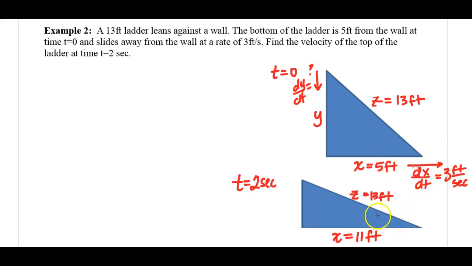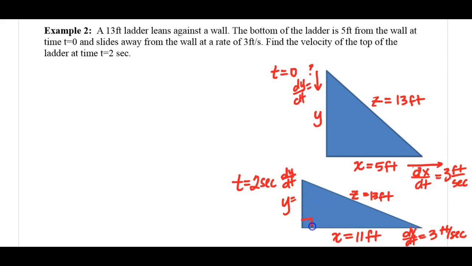So the rate of change, how fast I'm pulling it, is a constant. dx/dt is still 3 feet per second. So now I have to think about, well, what's the y value here? I'm still interested in finding dy/dt at this moment in time when x is 11 feet, z is still 13 feet, and eventually I'm going to need to find y, but we'll get to that.